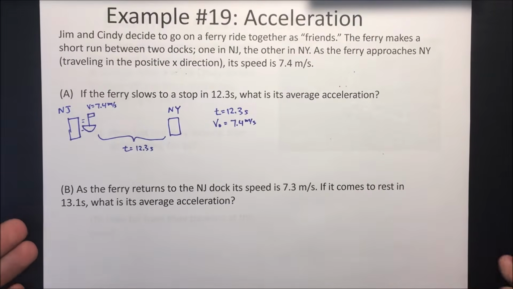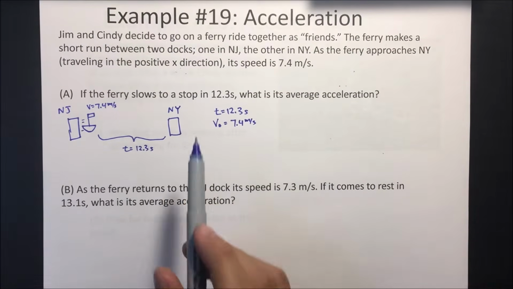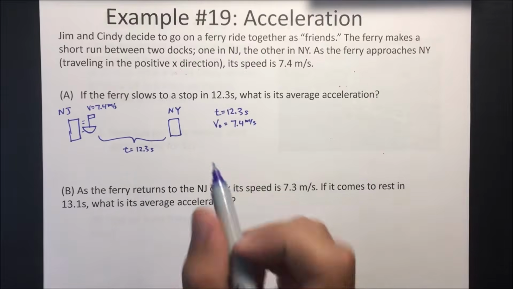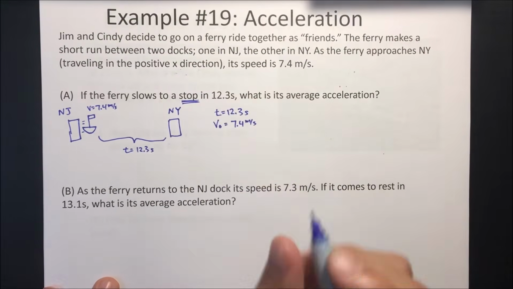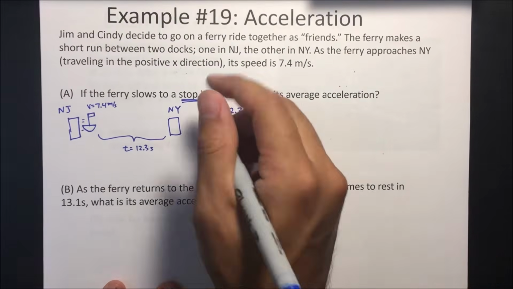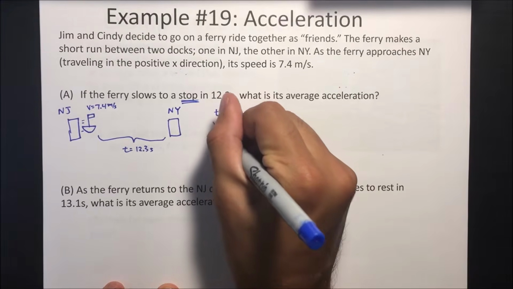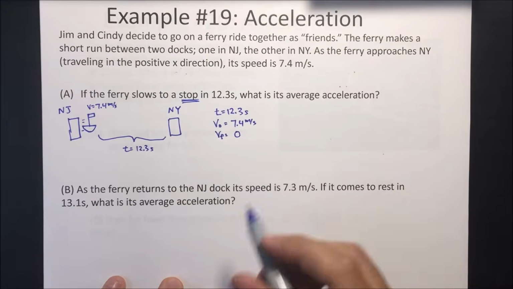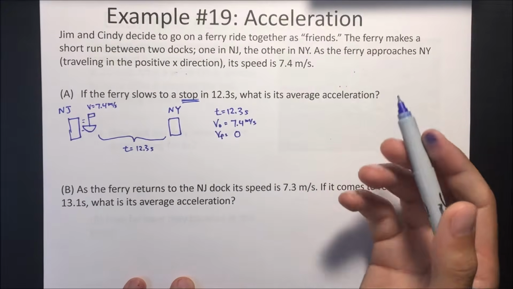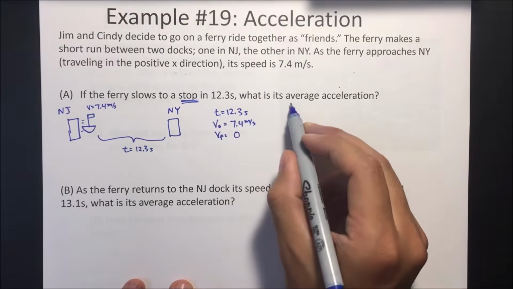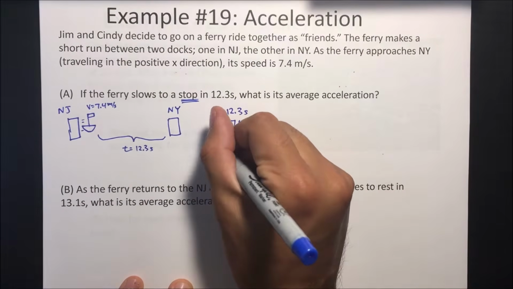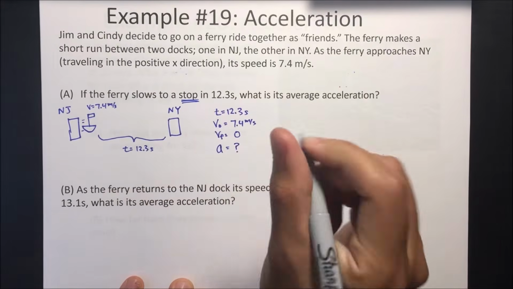And it seems like that's all we know. However, the keyword here is the ferry slows to a stop. What this means is that the final velocity is going to be equal to 0 because it's going to slow to a stop. Last thing is, what are we looking for? Average acceleration. So we're looking for this.